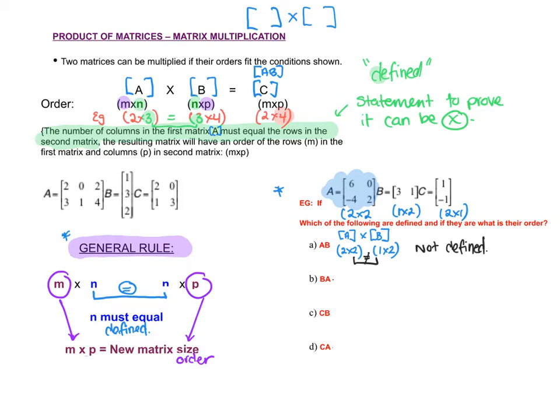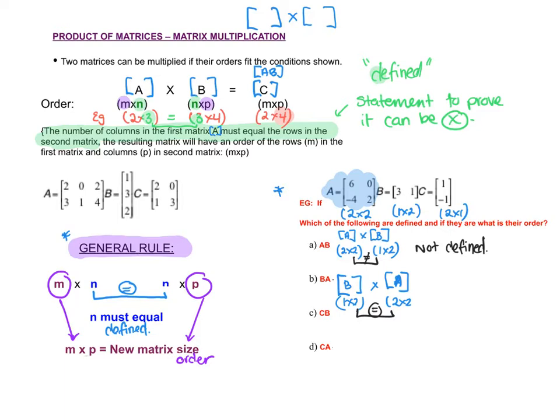If we do the next one, B, which was 1 by 2, multiplied with A, which was a 2 by 2, can you see that can be done? So with matrices, order is extremely important. Which one is first and which one is second makes a difference.